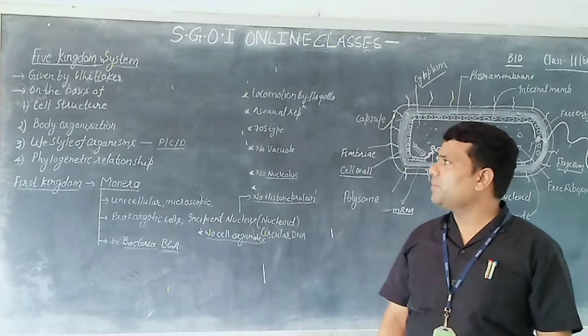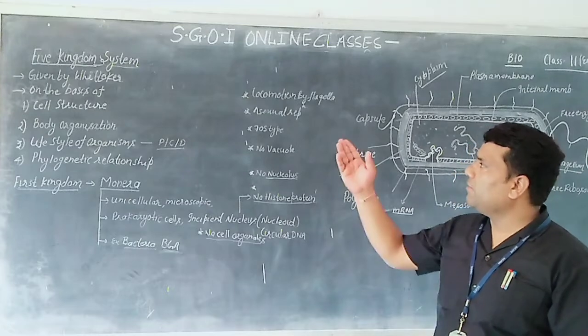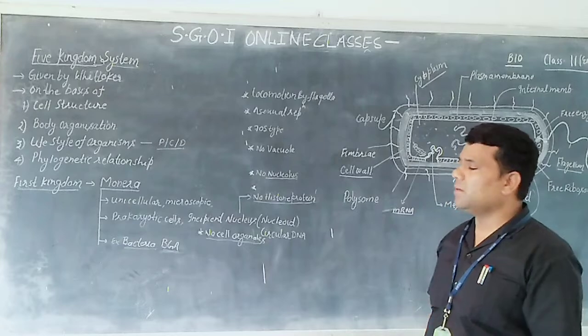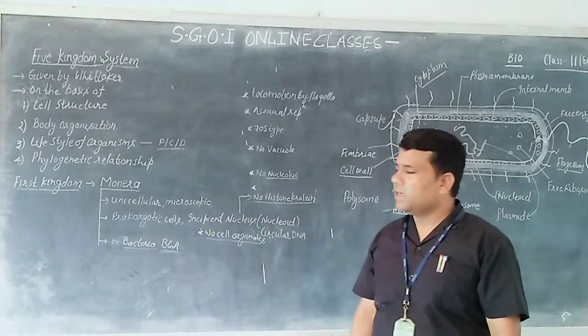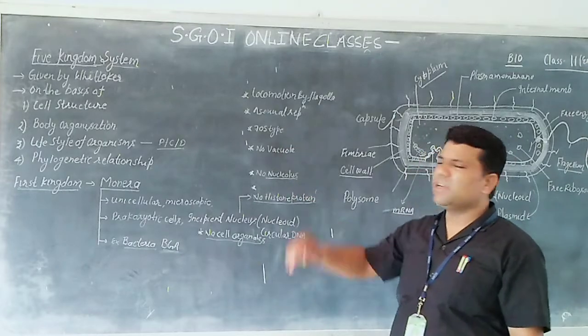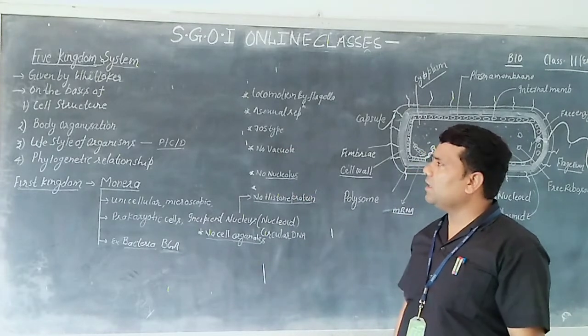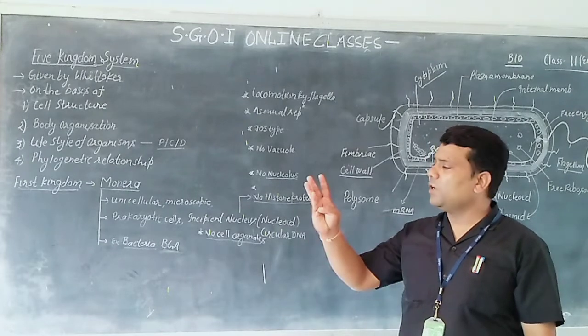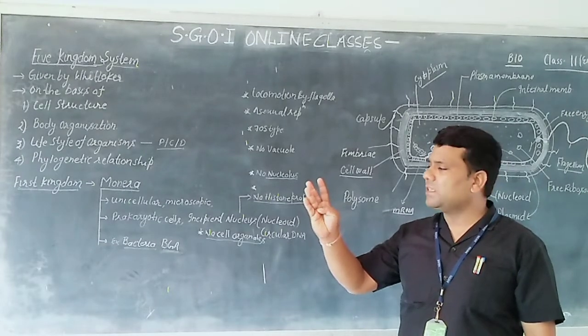Today I am going to explain the five kingdom system. In the previous lecture I told what the five kingdom system is. It was given by a taxonomist called Whittaker. He classified the organisms into five kingdoms: Monera, Protista, Plantae, Fungi, Animalia.